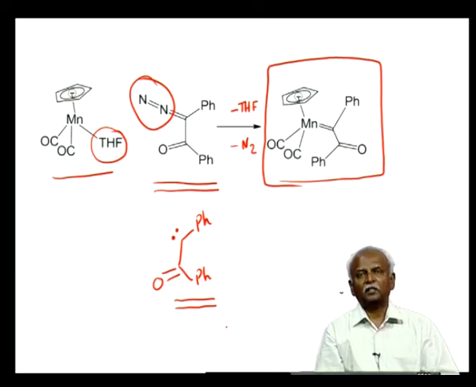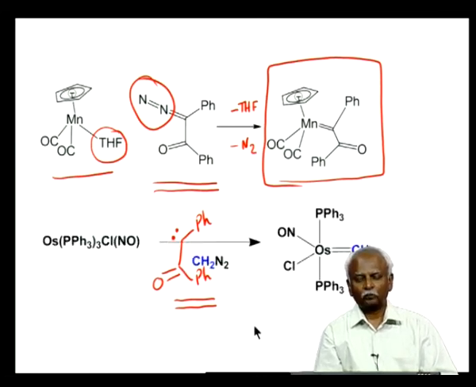So, this is just an example of how you can use a diazo molecule, which is a precursor for a carbene, to generate it in the presence of the metal complex, and so the 2 reactive species react together to form a carbene complex.